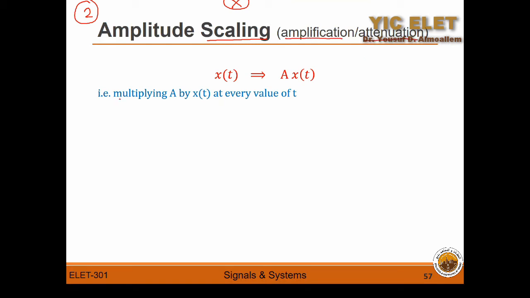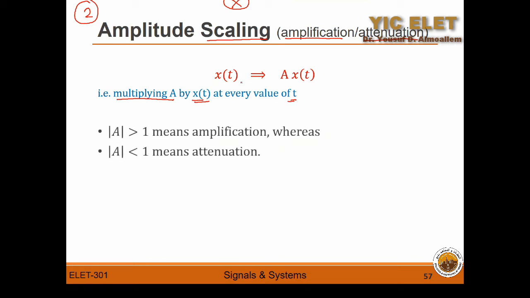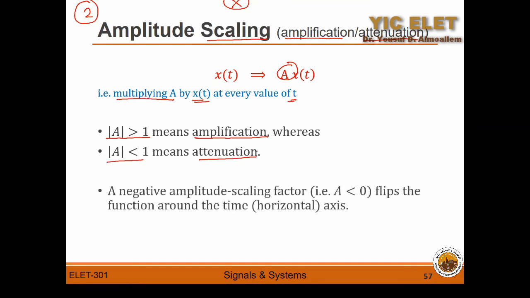What we're doing is that we are multiplying a by x of t at each and every value of t. So if the absolute value of a was greater than 1, then we're doing an amplification. And if it is less than 1, then we are doing an attenuation. We will see it next slide.